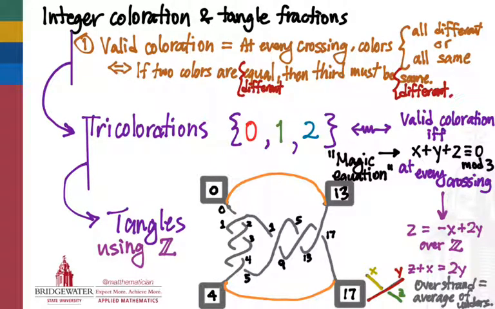In particular, we would need to assign the same color to this strand that's ending up here as 13 as we assign to this strand, which is coming up here as 0. So if I were to form the numerator closure, I would need to do so in some number system in which 0 and 13 are the same. And likewise, 4 and 17 would need to be the same, right? Because those are the strands that we're joining up if we form the numerator closure.